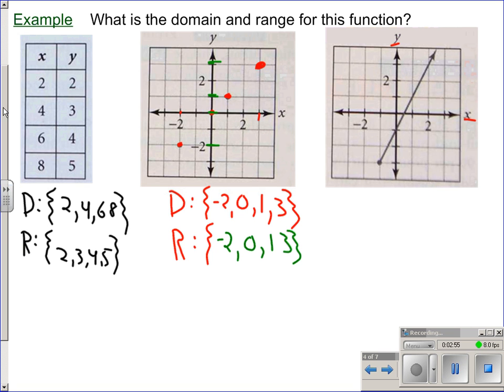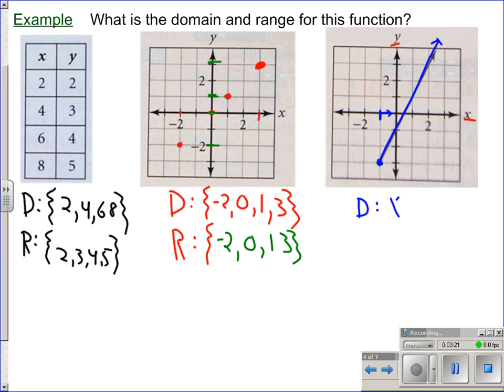In this last drawing on the right, now we have a ray. Our graph starts at this point and goes on forever with that positive slope. So for our domain, the possible x values, well, the lowest x value we have is here at -1. And then this graph just keeps on going up forever. That means these x values are going to keep on going off to the right.